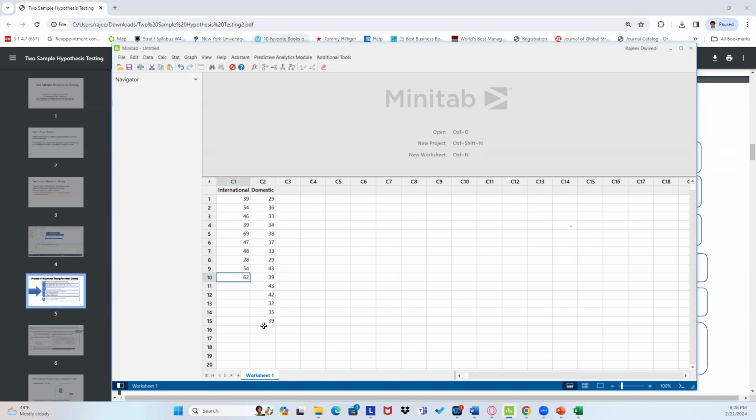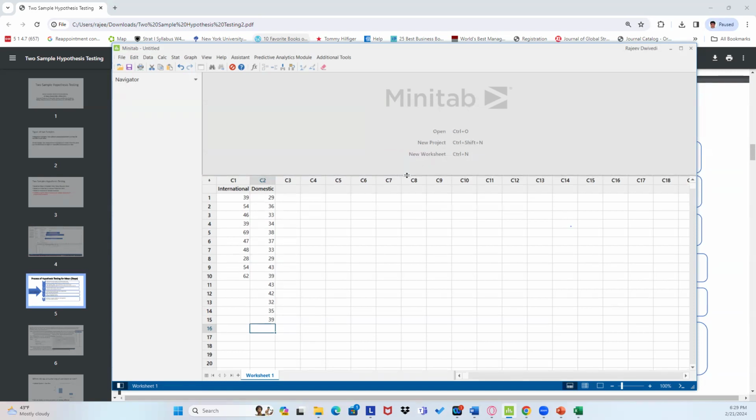Here we took 10, here we took 15, because in hypothesis testing we use mean, standard deviation, and sample size. So it doesn't matter, they don't have to be equal. Okay, so this is international flight and their baggage weight. This is domestic flight and their baggage weight. These are two independent, separate samples. I would like to check whether there's a difference in the international or domestic baggage weight or not.